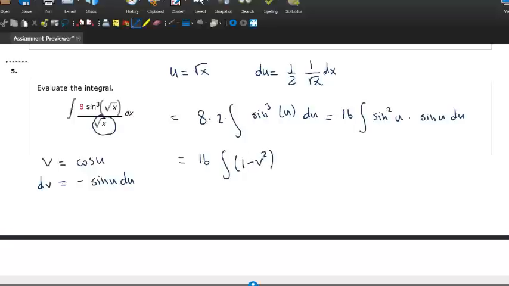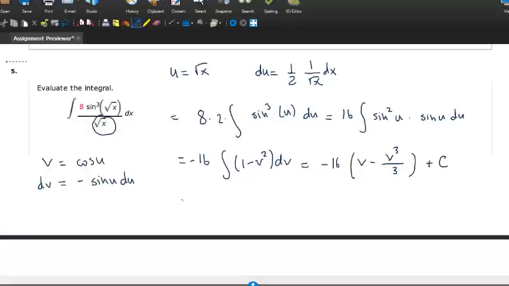And the last term, sine u du, is nothing but negative dv. So let me put dv here and put that minus sign outside. This gives me negative 16, integral of 1 is v, integral of v squared is v cubed over 3, and then I have arbitrary constant plus c.